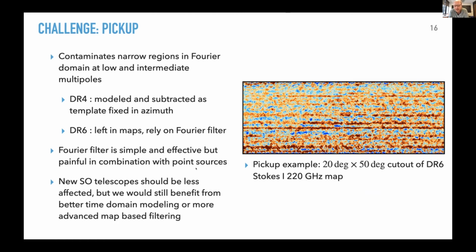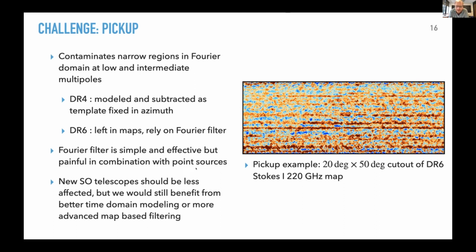On the right here, you see an example. This is a cutout from one of our DR6 maps. This is Stokes I at 220 gigahertz, which shows the worst pickup. It basically manifests as horizontal stripes in the map that can be quite bright compared to the sky signal. They're also quite polarized.